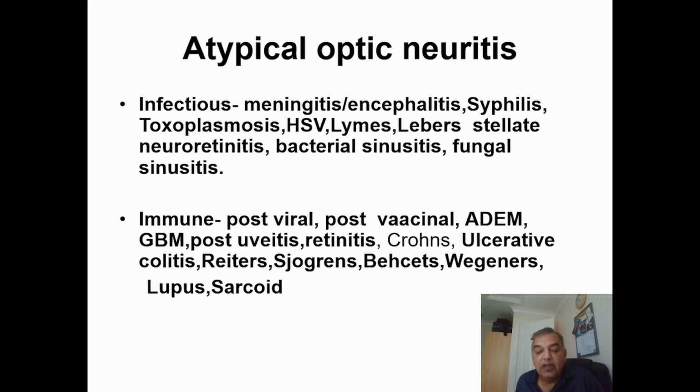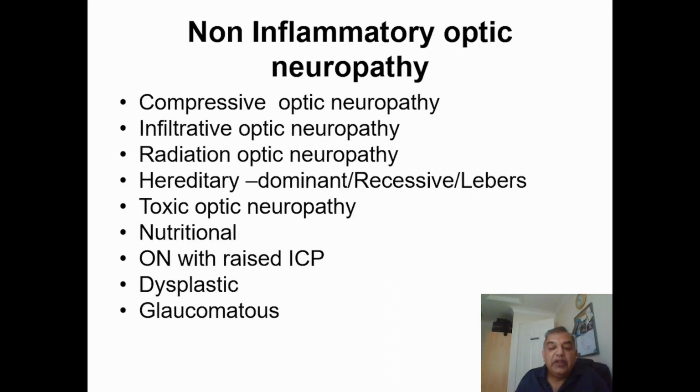So there's a whole host of infections that is mentioned there, including meningitis, encephalitis, syphilis, toxoplasmosis, and Lyme's, etc. There are also other conditions which are mentioned, including connective tissue disorders, lupus, and sarcoid. And of course, there's non-inflammatory optic neuropathy, which could be compressive or infiltrative, as in cancer and radiation linked.